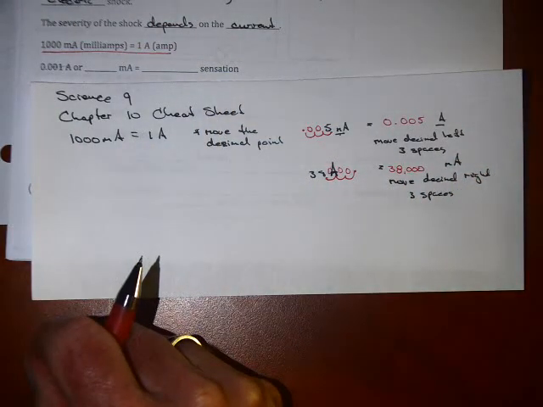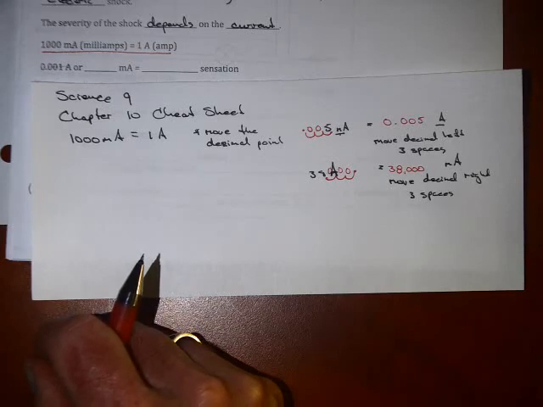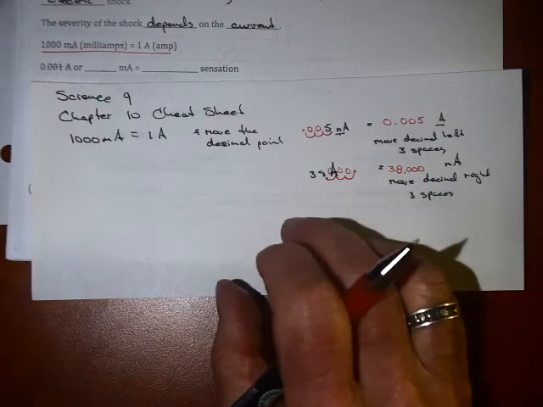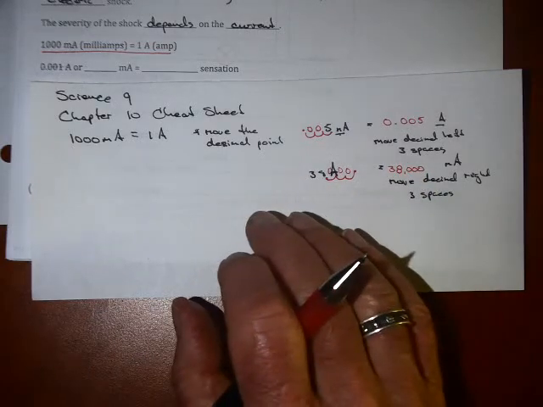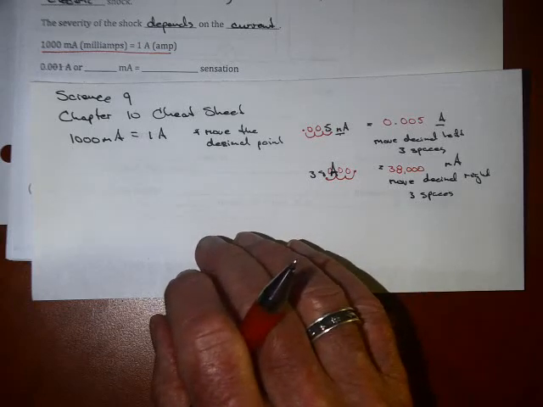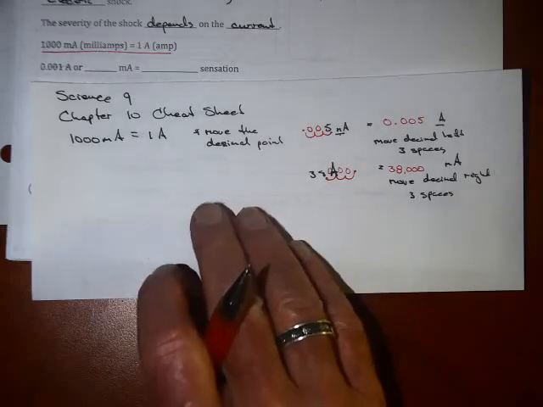Okay? Now, right now you may be a bit confused and say, what? Don't worry about it. This is your cheat sheet. You can use this to help figure out the answer to different problems.